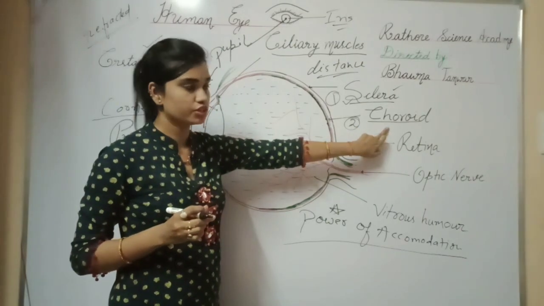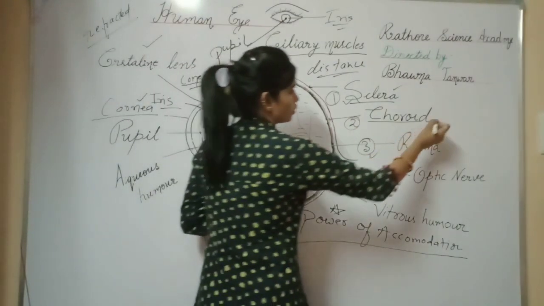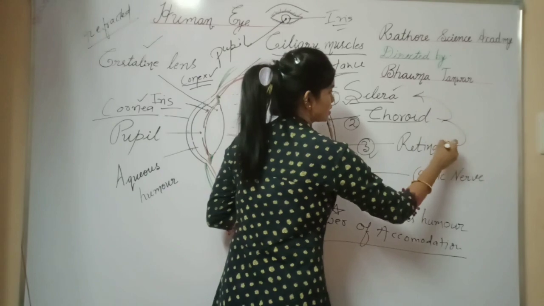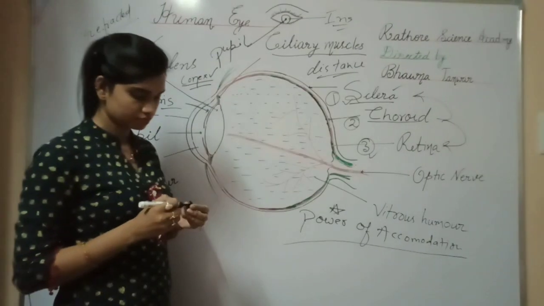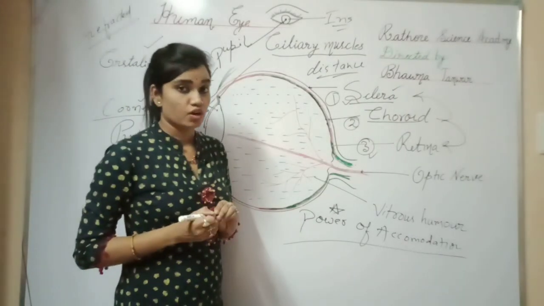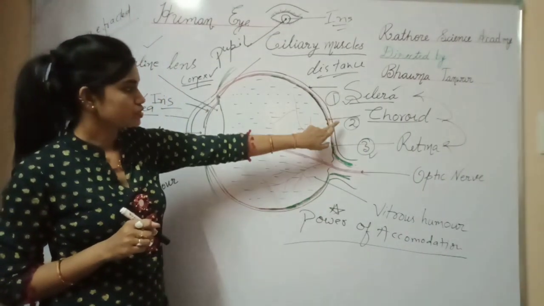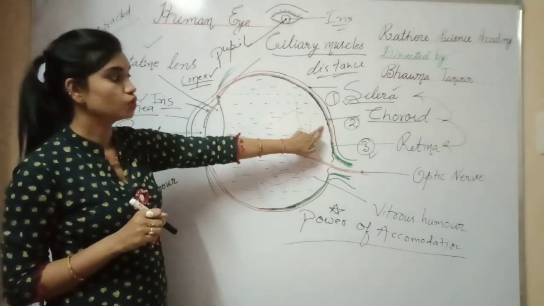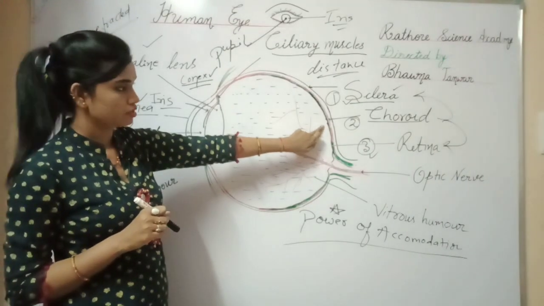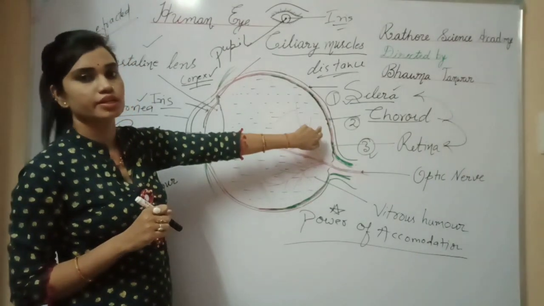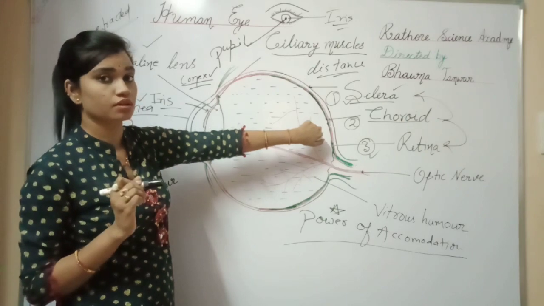The choroid provides nutrition to the sclera as well as the retina, and provides oxygen also.